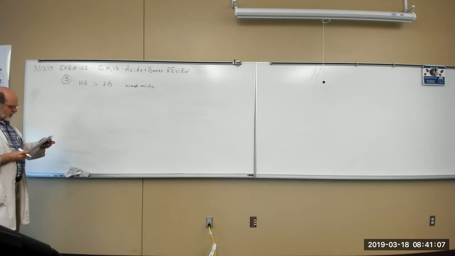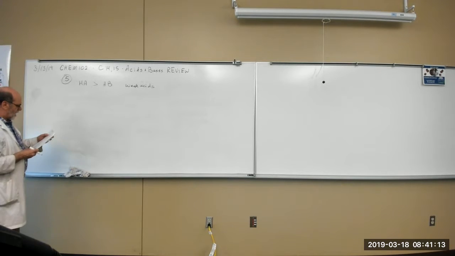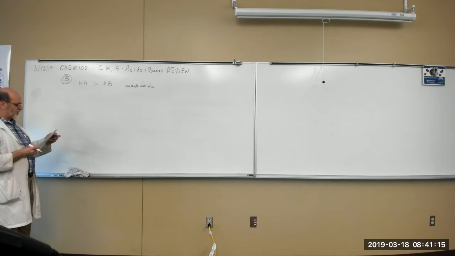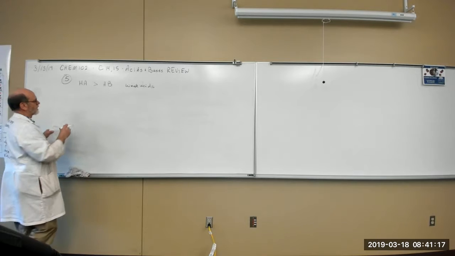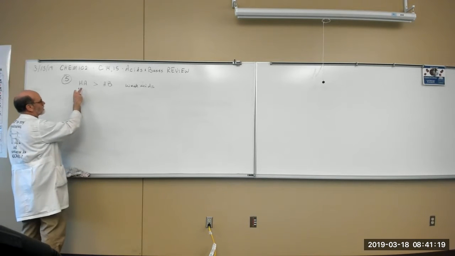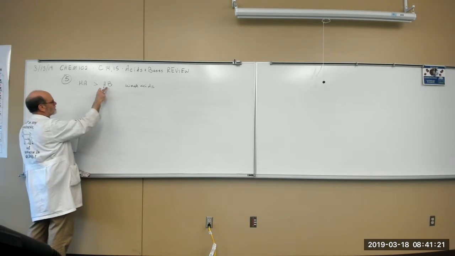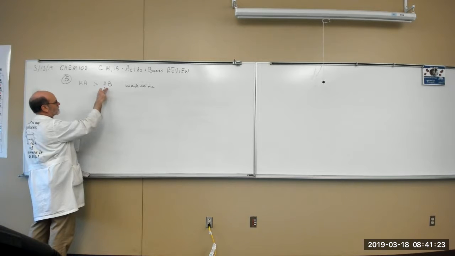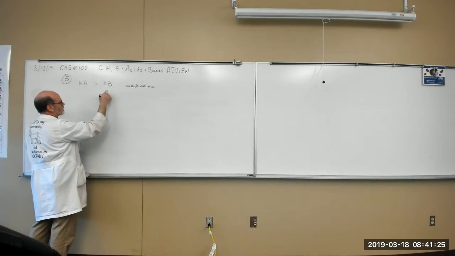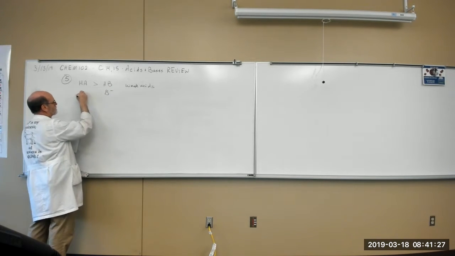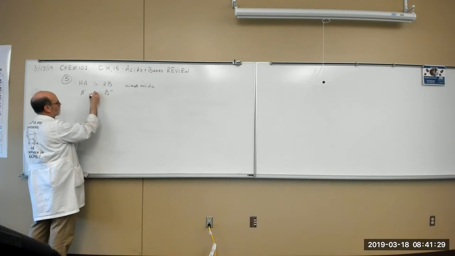So which of the following statements is correct? A minus is a stronger base than B minus. So the rule is, if that's a stronger acid than this one, then the conjugate base is a stronger base.